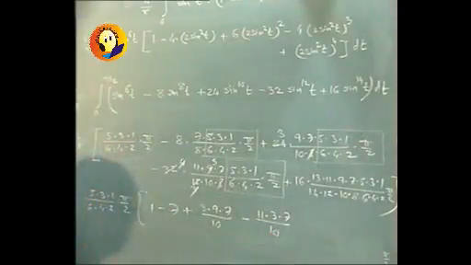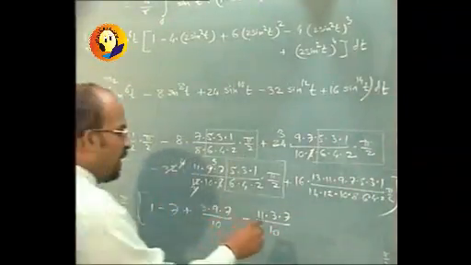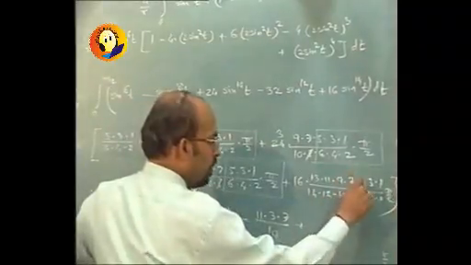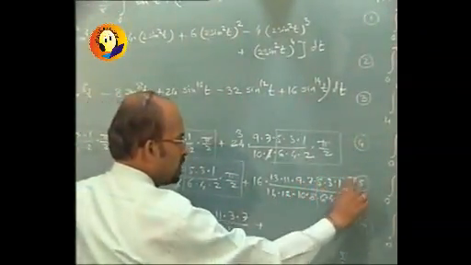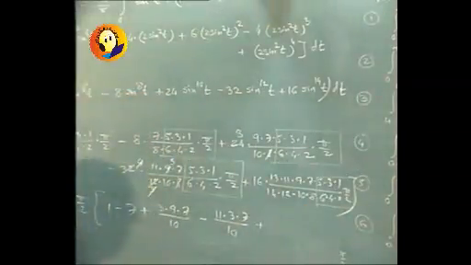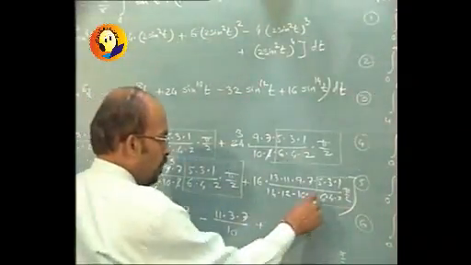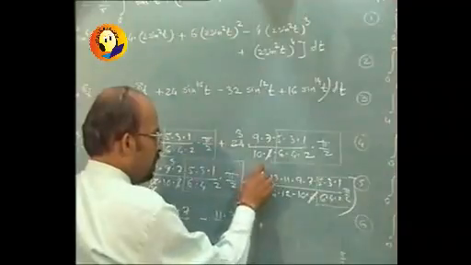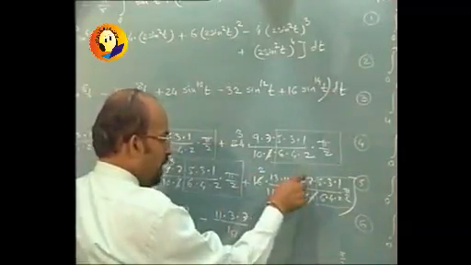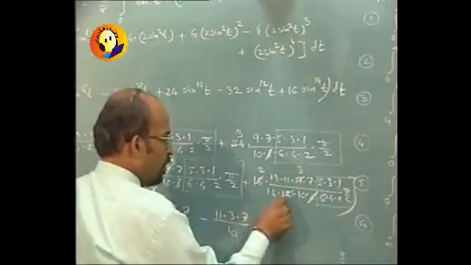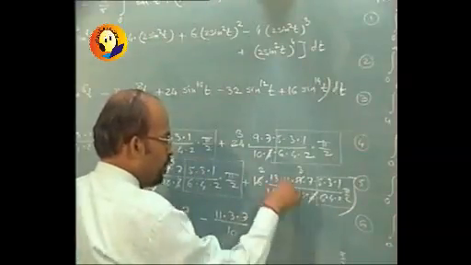Everything else has vanished. And for the last term, this is the term which has been taken common. So we can simplify 2. Then it will be 9. So 3, 4s are.